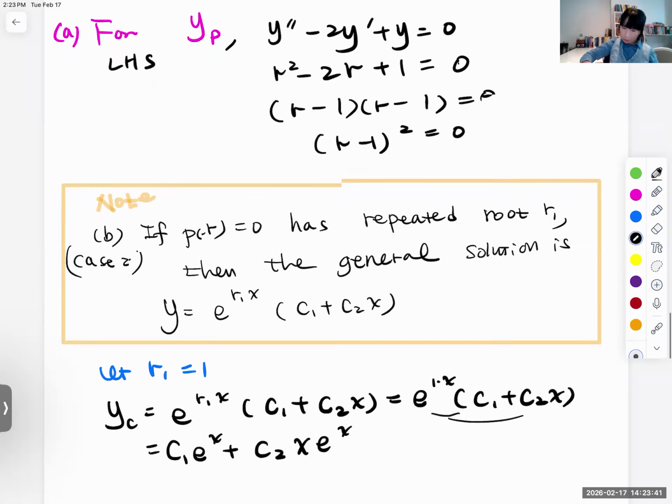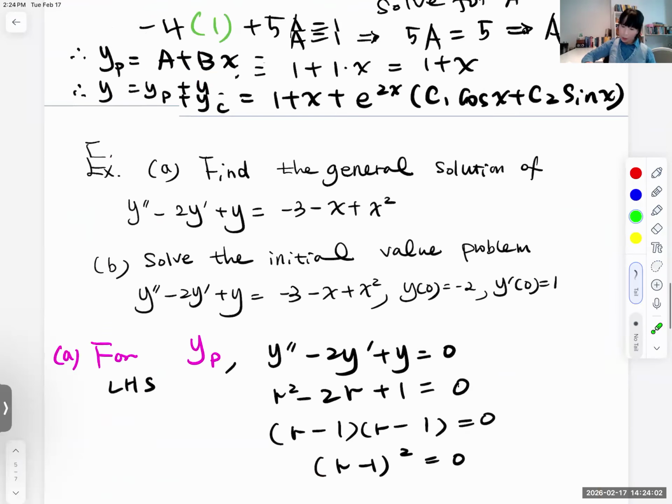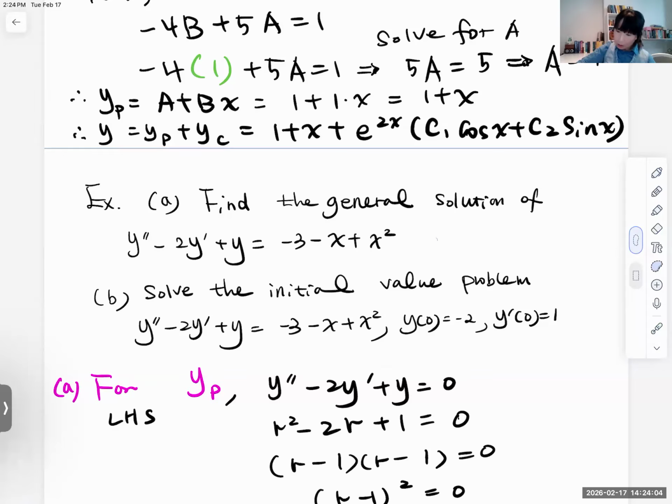That is the solution of the complementary equation. Then we are looking at the f of x, the non-homogeneous equation.